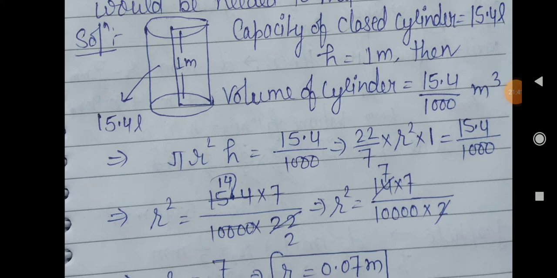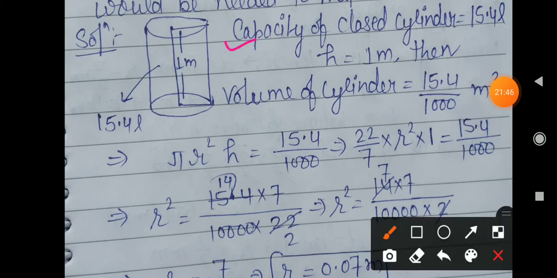Here the capacity of the cylinder is given in liters, 15.4 liter, and you have to convert this liter into meter cube by dividing by 1000. And here you also have the height, 1 meter. So your volume is 15.4 upon 1000 meter cube.